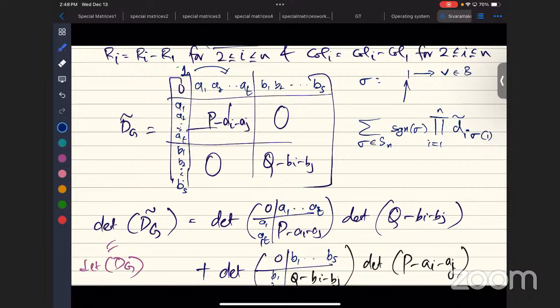In the cycle that contains 1, if you think of sigma in cyclic form, 1 will go to its image under sigma, then to sigma squared of 1, sigma cubed of 1. Eventually some element will come back to 1. If all the elements of the cycle are in B, then it's okay. The element feeding 1 is sigma inverse of 1.